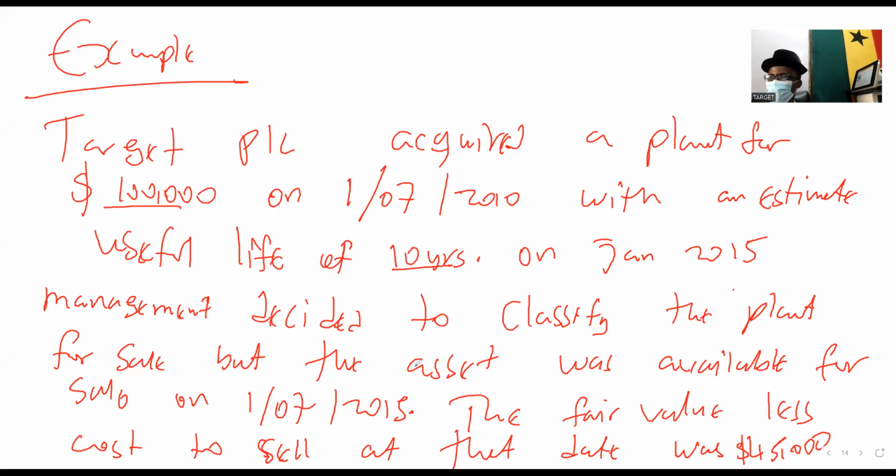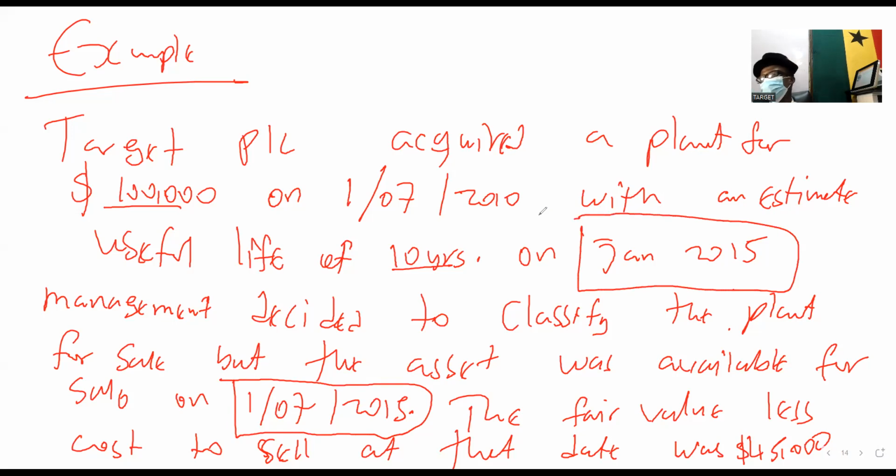Is it January when they make the decision, when they plan to sell, or when the asset was available? So July, the asset became available for sale, but the plan was initiated somewhere in January 2015. Which of the months will it be, January or July, when the asset was available? That's all. Not when you make your mind.